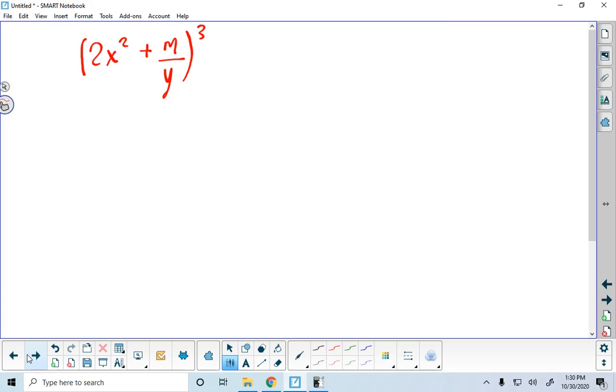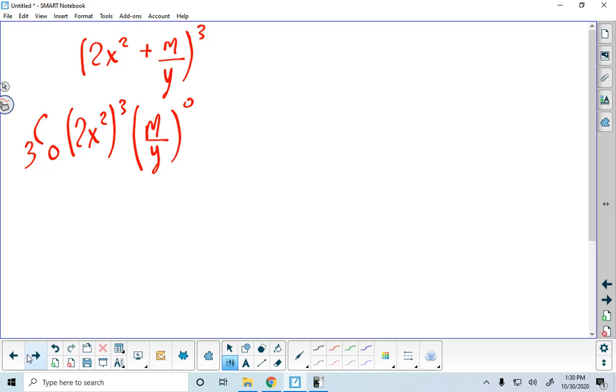So I know that the first term would be 3 choose 0. It would contain a 2x squared raised to the 3, and it would contain an m over y raised to the 0. And Brynn, all I really care about here is that when I look at the x's, this term is going to have x to the 6.